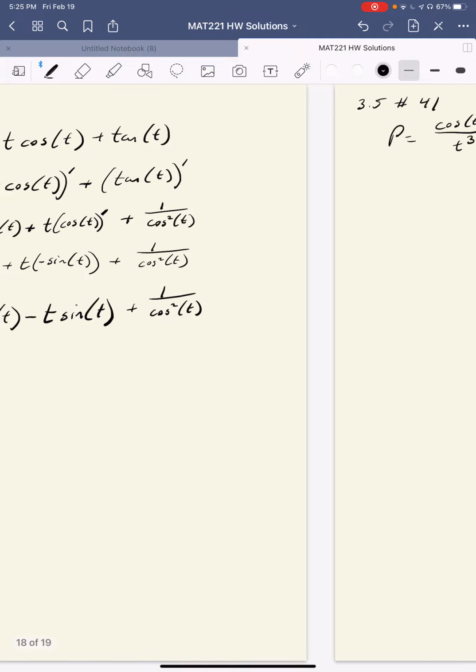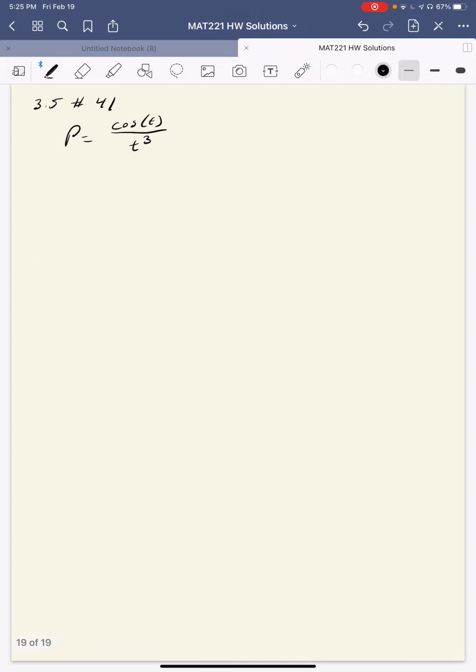All right, now the next one I'm going to do is problem 41 from section 3.5. And this one, we have a use of the quotient rule here. And we haven't done that together yet. So let me go ahead and write that out.